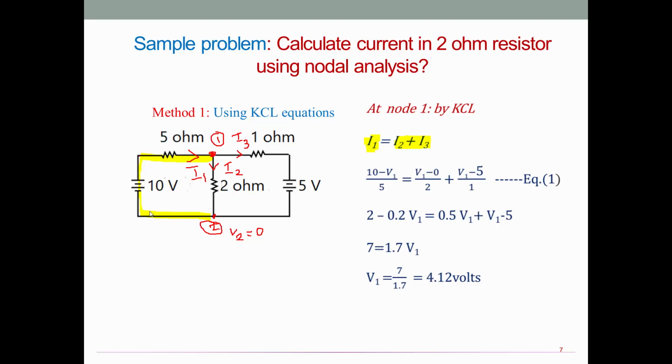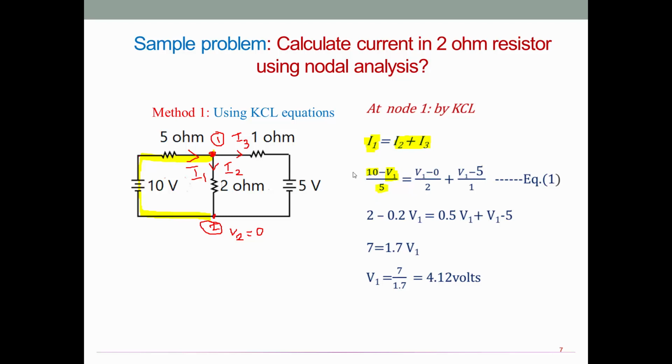If you move along this direction, this current is leading to the positive of the voltage source, so take plus 10 minus the voltage at this particular point. Voltage at this node is V1. Then on this path, what is the resistance available? 5 ohm. That 5 ohm is the denominator.